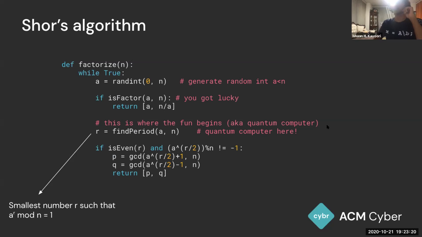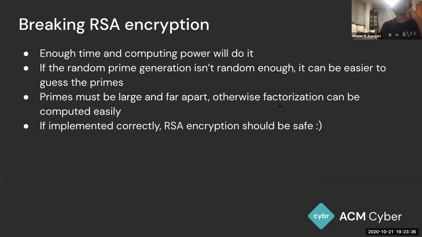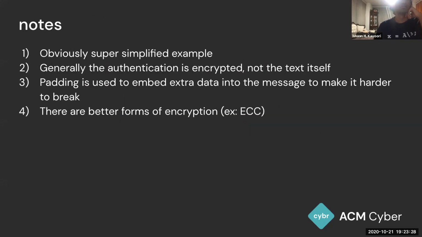What do I mean by authentication? Okay, the authentication is just another method of encrypting the message. So if you have a different method of encrypting the message, most likely a symmetric key, then you encrypt the message with that key, which is usually more efficient than doing it with RSA.